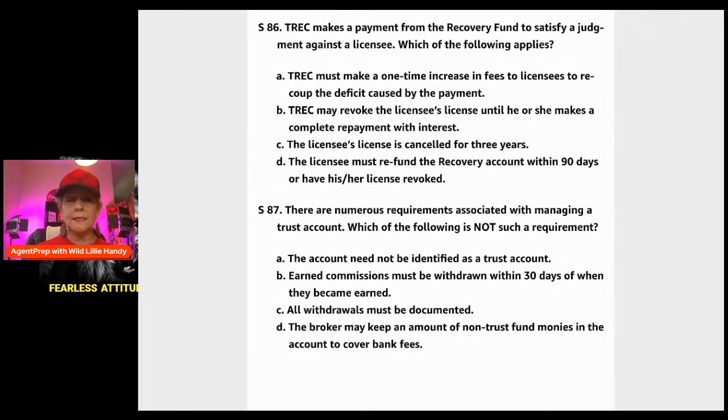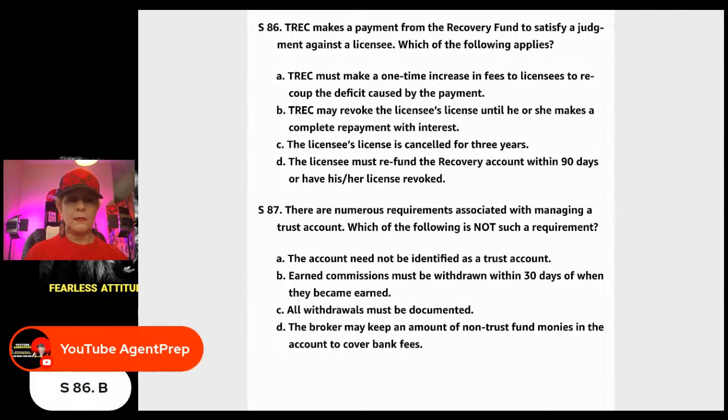Yes, 86. The answer is B. So TREC may revoke the licensee's license until he or she makes a complete repayment with interest. Let's see, Cindy, you typed D. The licensee must refund the recovery account within 90 days or have his or her license revoked.